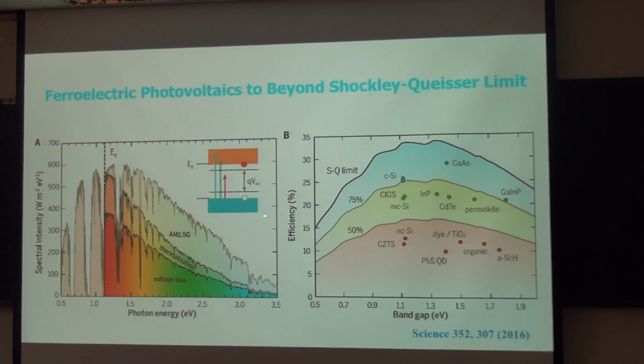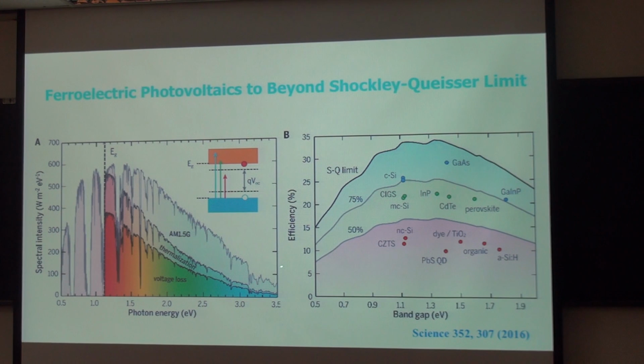It will absorb photons with energy higher than the band gap. But for a photon with higher energy, the excited electron will relax to the bottom of the conduction band. So there is energy loss. This is called thermalization.